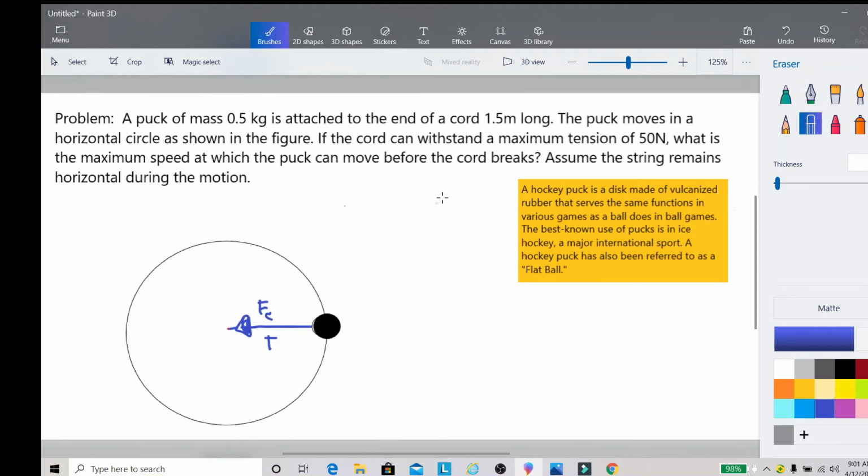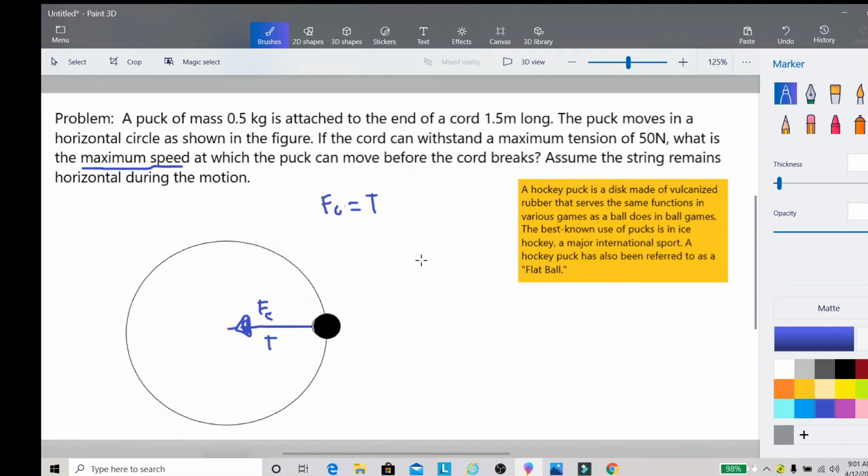So, what is being asked of us? What is the maximum speed, the velocity, the maximum speed at which the puck can move. Now, we are given a tension of 50, so the centripetal force must be equal to the tension in that rope so that our cord will not break.